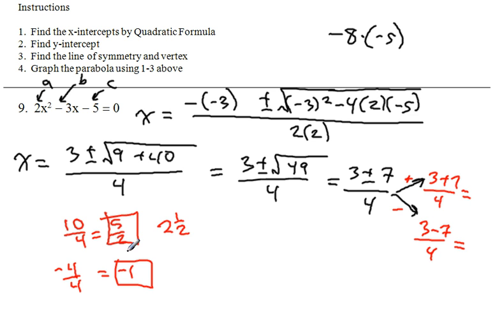So 5 halves is the same as 2.5. So up here for our x-intercepts, we have 2.5, 0, and we also have -1, 0. There we go.